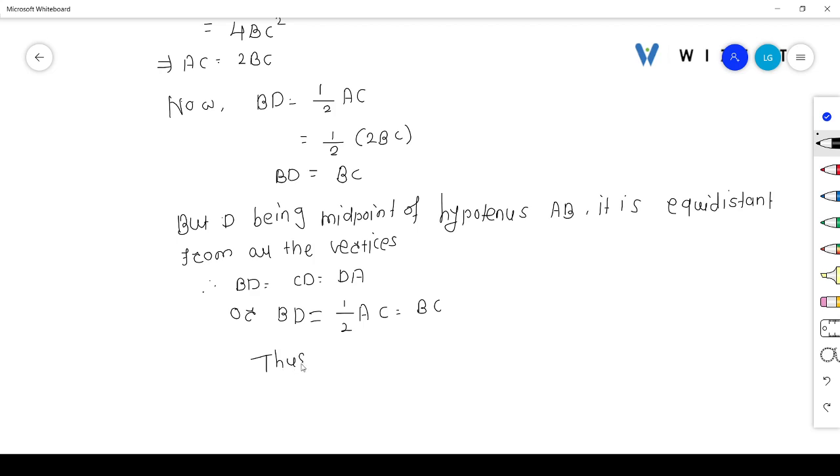Thus, BC equals BD equals CD. Therefore, triangle BDC is an equilateral triangle. Hence, angle C is 60 degrees.